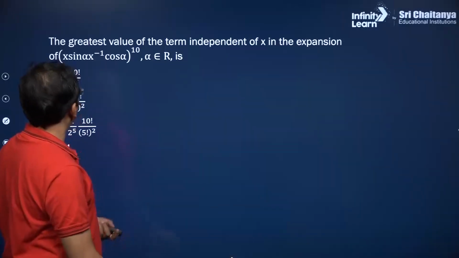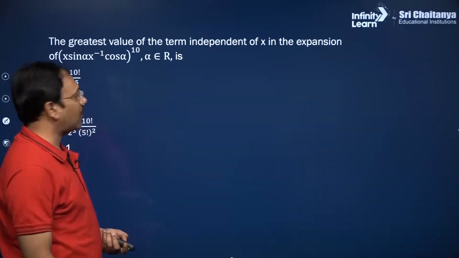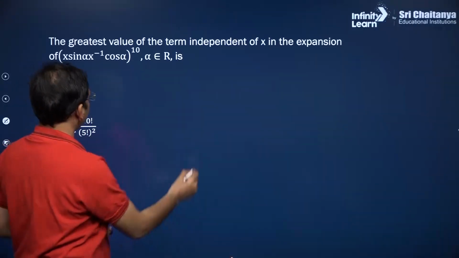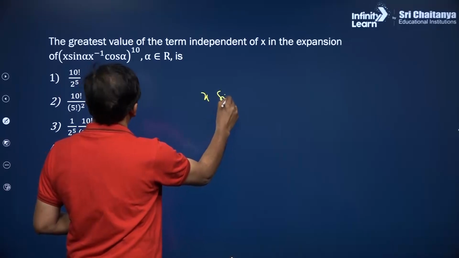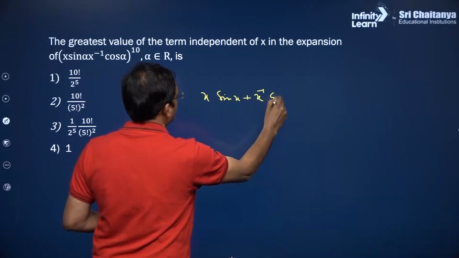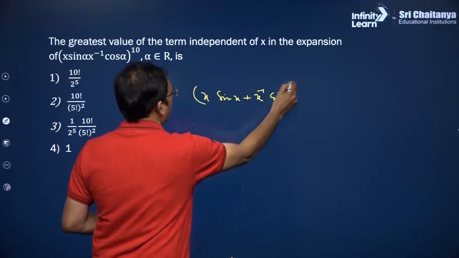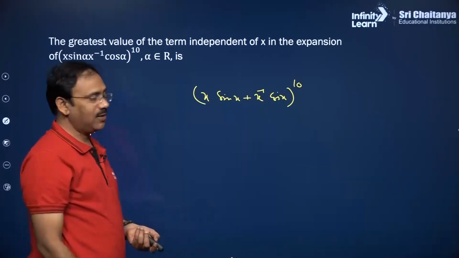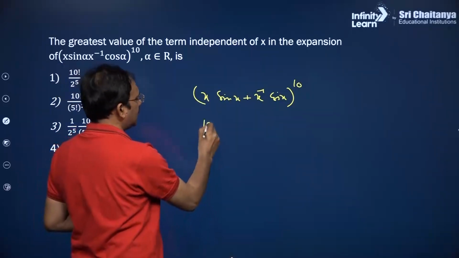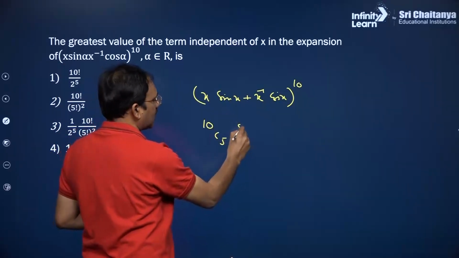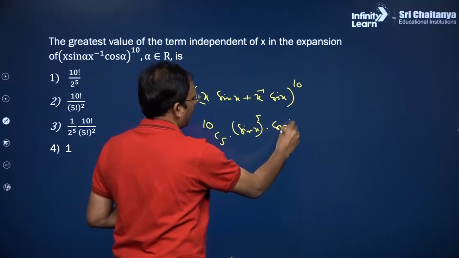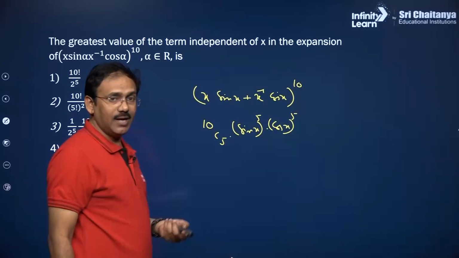Next, you see the greatest value of this independent of x, very clear, my dear friends. You can say this is (x sin x plus x inverse cos x) whole to the power of 10. Undoubtedly the middle term will be the independent term, because x and 1 by x are there. So 10C5 into sin x to the power of 5 into cos x to the power of 5 is going to be the independent term.